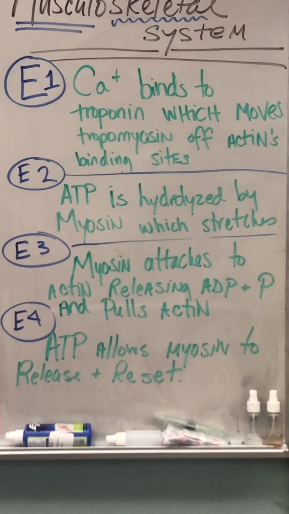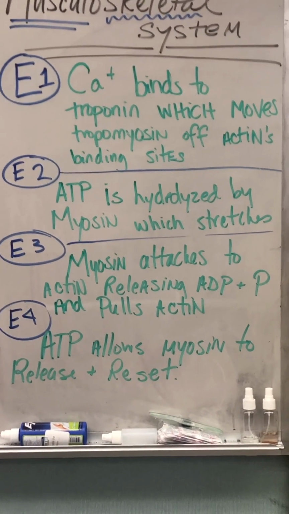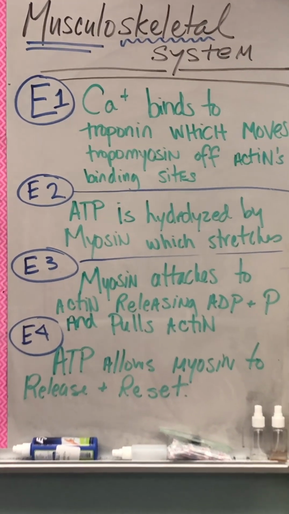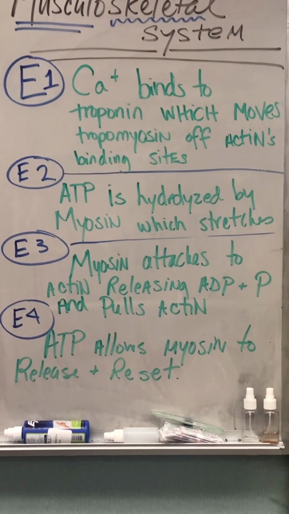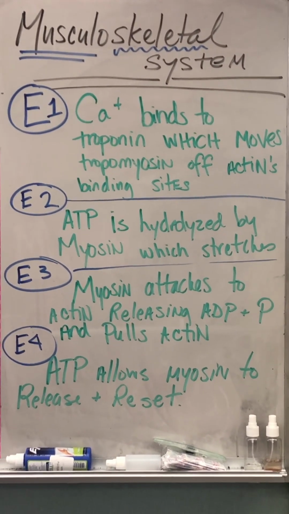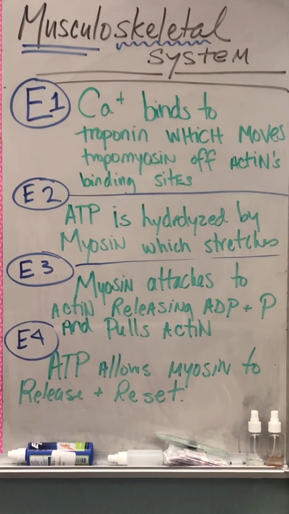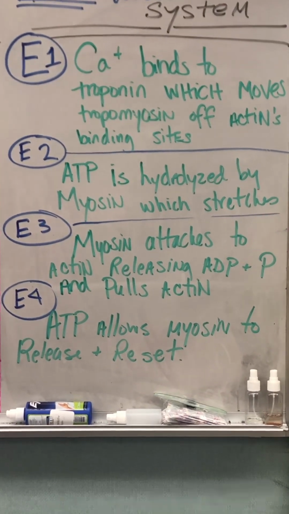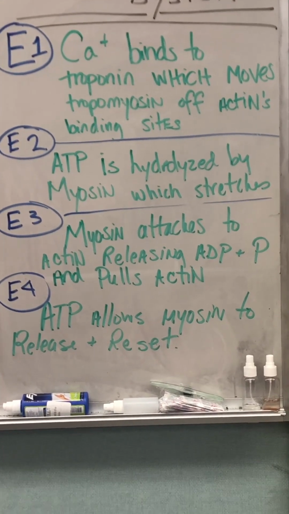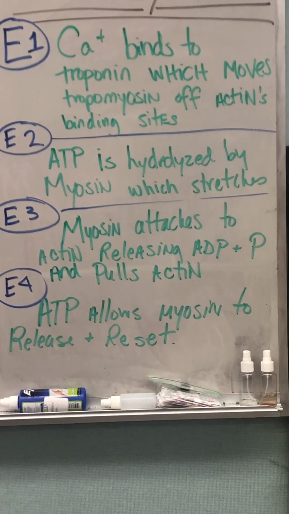ATP is hydrolyzed by myosin, which means it's broken into ADP and then a little P, so phosphate. And that's actually going to cause that myosin to stretch. That's getting it all the way open and ready for its big next move. Myosin attaches to the actin, releasing ADP and P, and then pulls really hard on the actin.